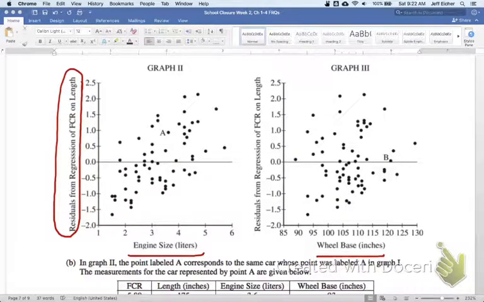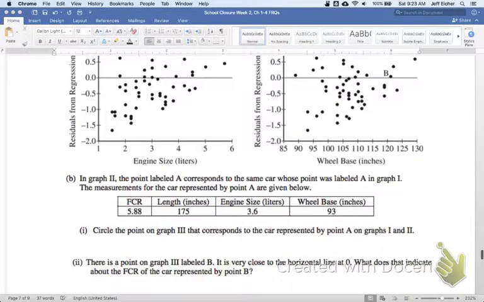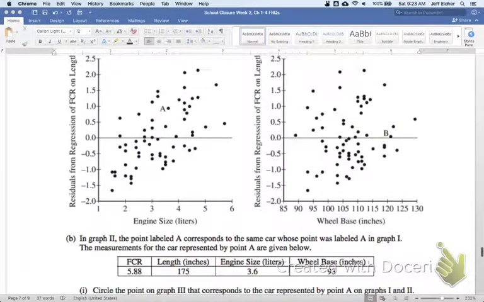So in part B, number 1, it says, in graph 2, so the engine size on the left, there's a point A that corresponds to the original point A that we had in graph 1.